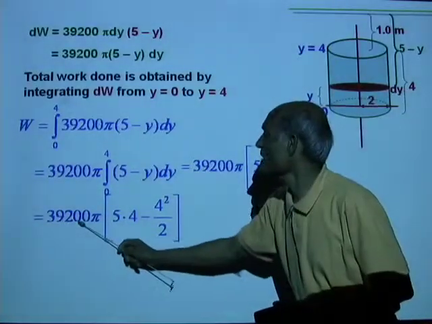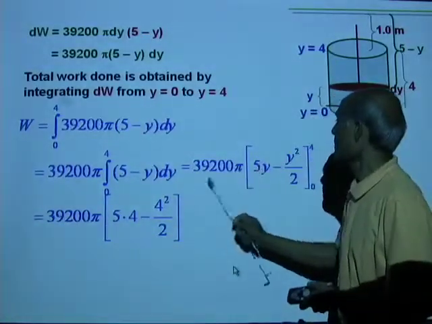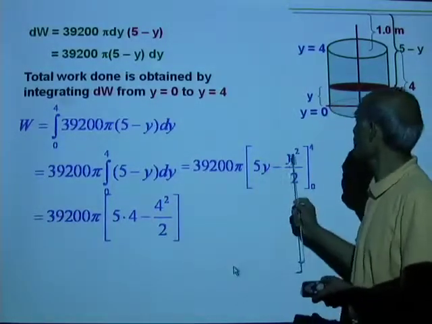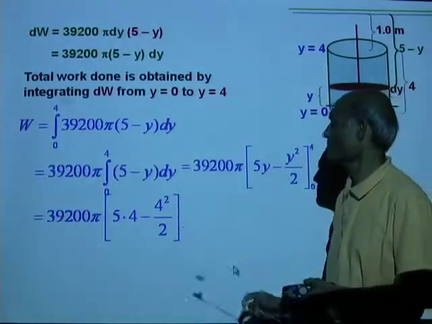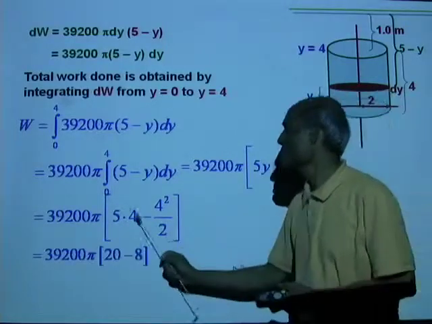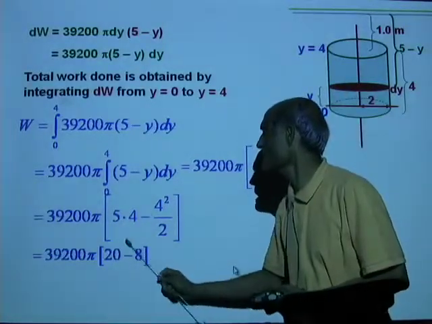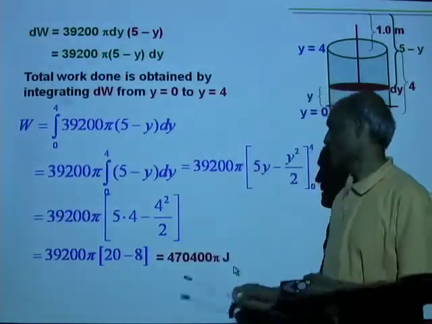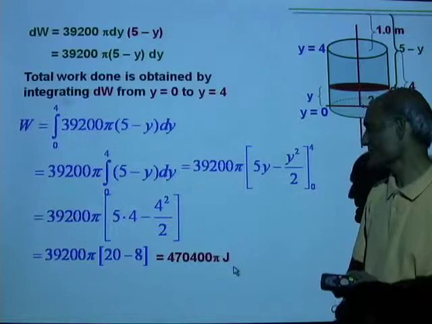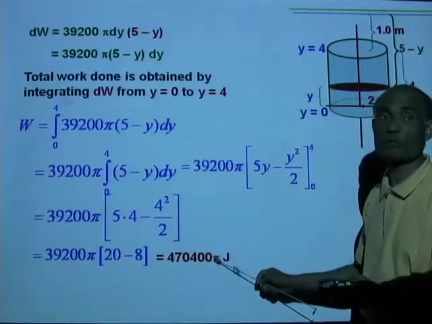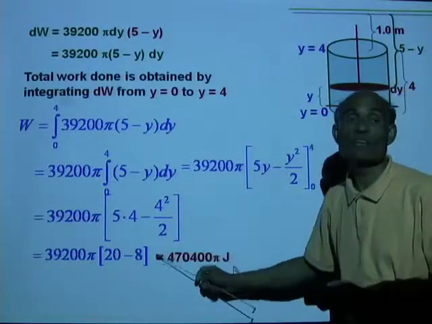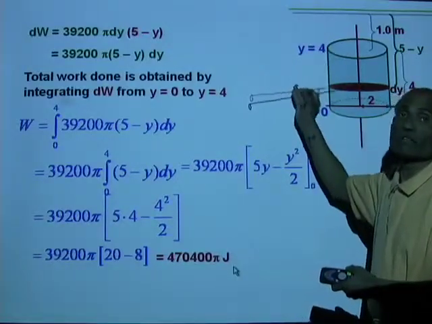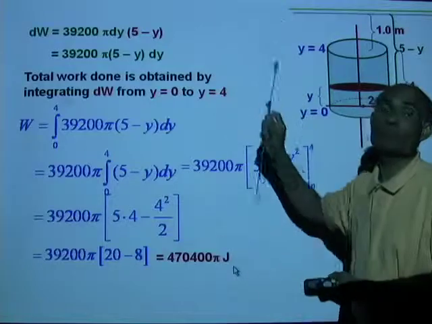So that will be 39,200 pi multiplied by 5 times 4 minus 4 squared over 2. And that's a very simple calculation. 20 minus 8, that will be 12. And multiply there, that will be 470,400 pi joules is the work done in pumping all of this water to the ground level.